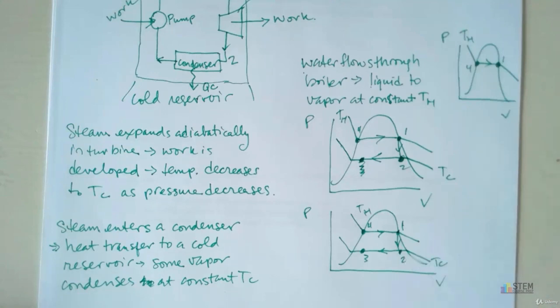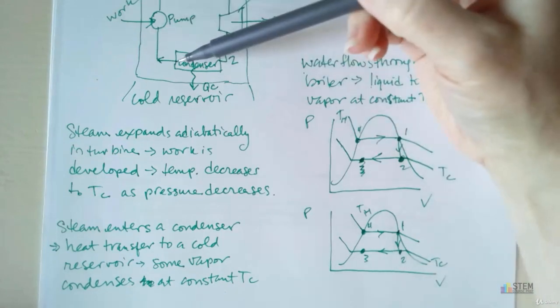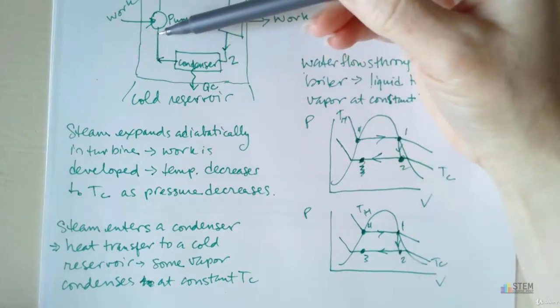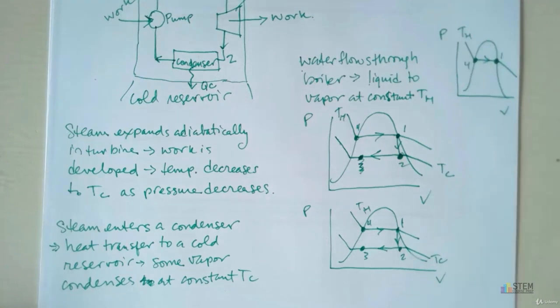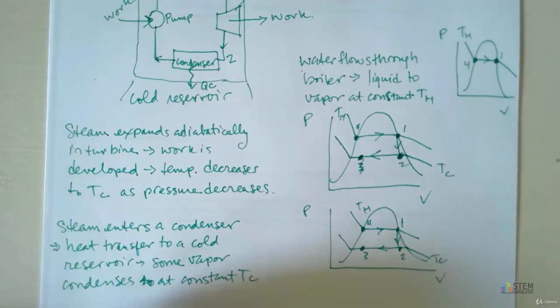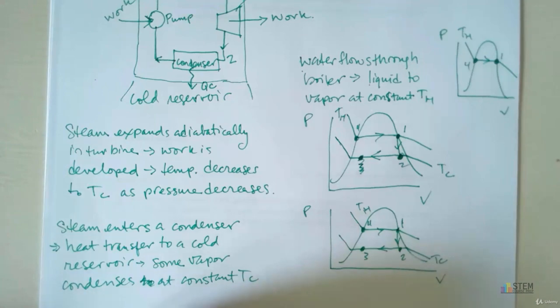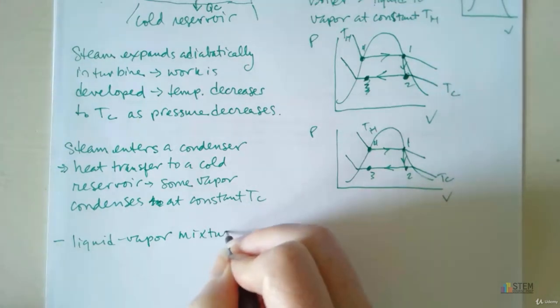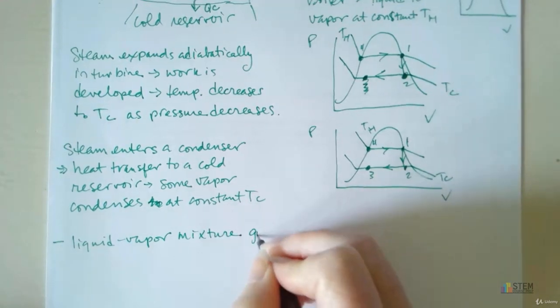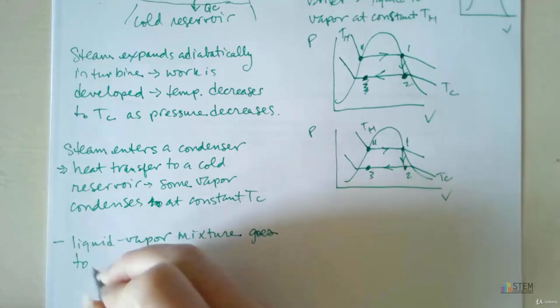And now the last thing we need to do, we need to get back to state 4. So now we've got this condenser. What comes out of the condenser is then going to go through this pump. Now work is supplied to that pump, so the pump's able to run. We have an energy supply there. And what the pump does is it takes in that liquid vapor mixture, so our liquid vapor mixture goes to the pump.